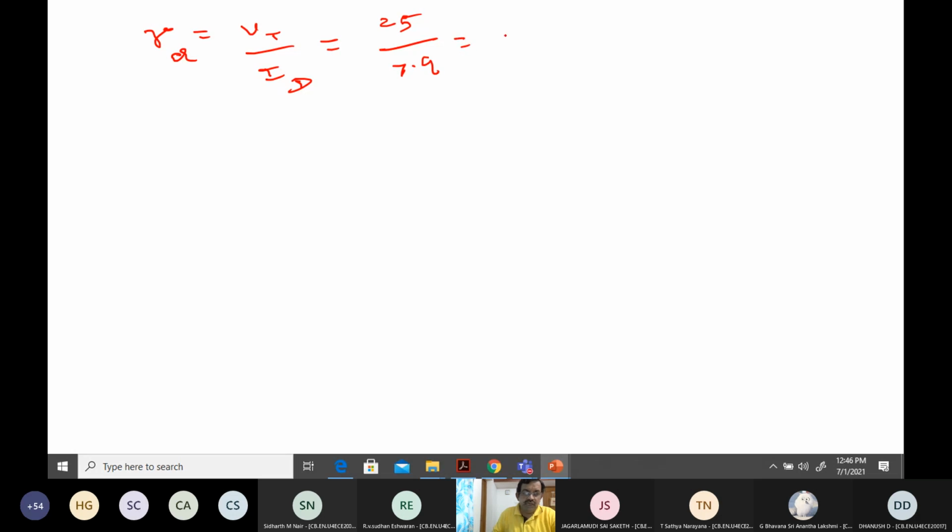The answer for that, in ohms, will be roughly about 3.16 ohms, or equivalent to 3.2 ohms nearly. I have taken the first decimal significant digits, so it is 3.2 ohms.